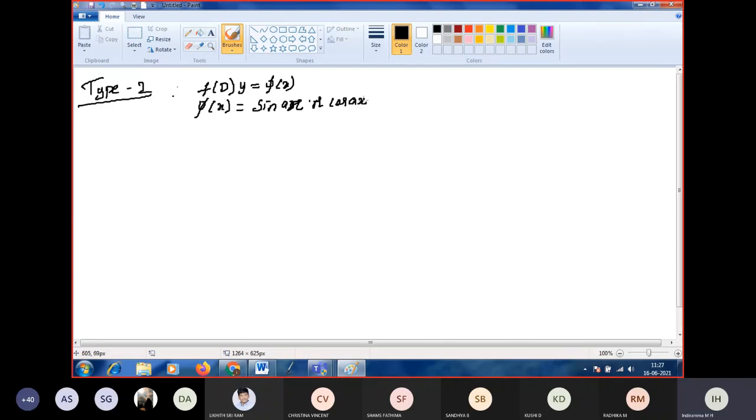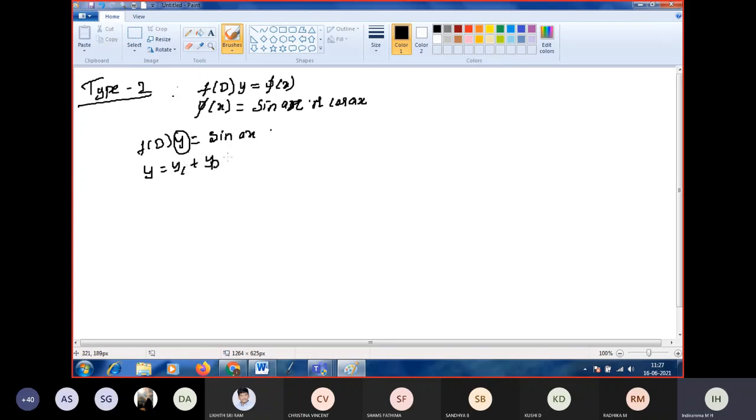First I will explain the procedure. The given differential equation is f of d into y is equal to sin ax, for example. Since it is non-homogeneous, y is nothing but yc plus yp.